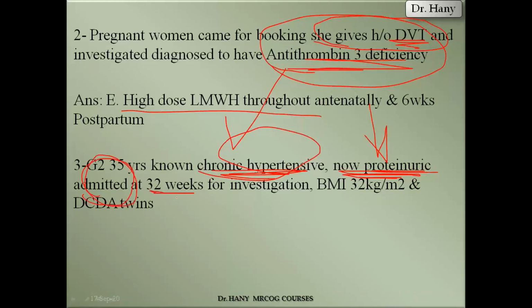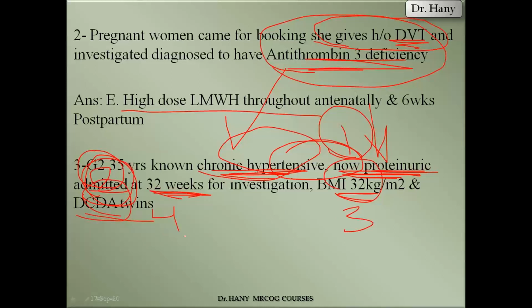Gestation is 32 weeks. How many factors here? Twins, 3 factors: BMI, twins, preeclampsia. Admitted 2, antenatal 3, twins 4. So it's 4. I will start now low molecular weight heparin and 6 weeks postpartum.